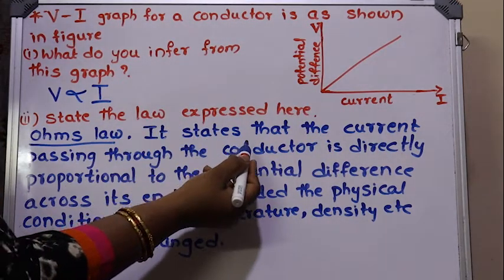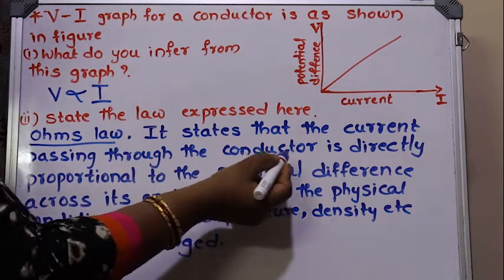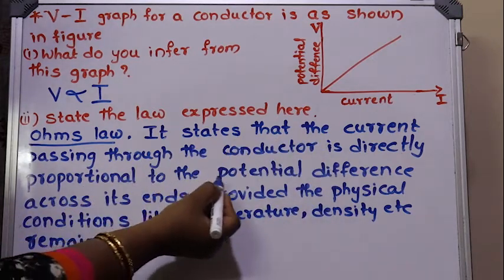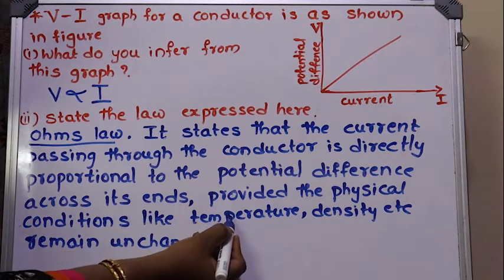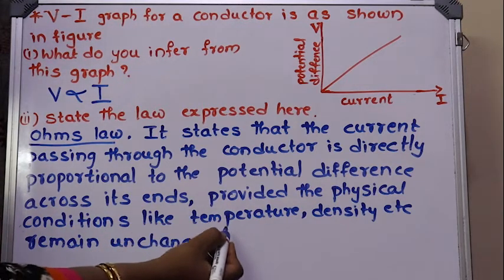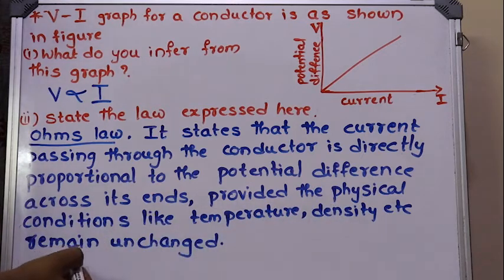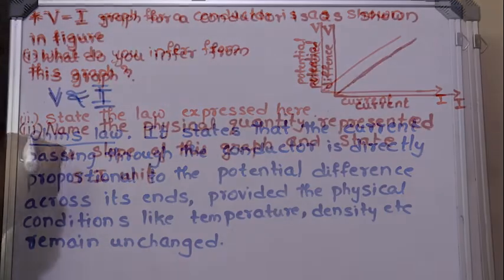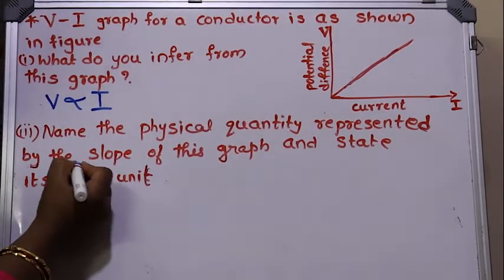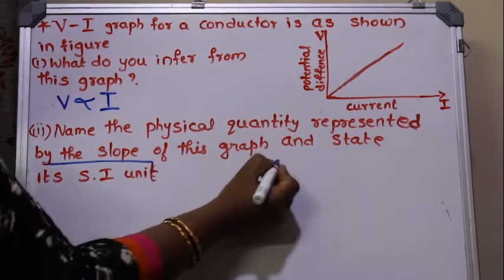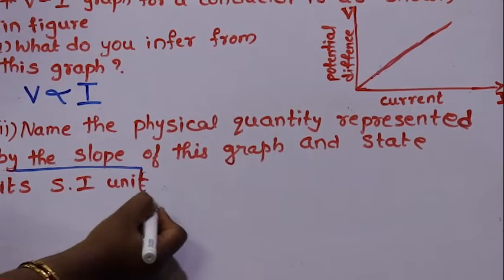It states that the current passing through the conductor is directly proportional to the potential difference across its ends, provided the physical conditions like the temperature and density etc. remain unchanged. The third question is, name the physical quantity represented by the slope of this graph and state its SI unit.